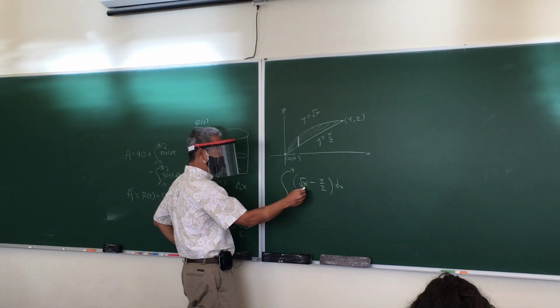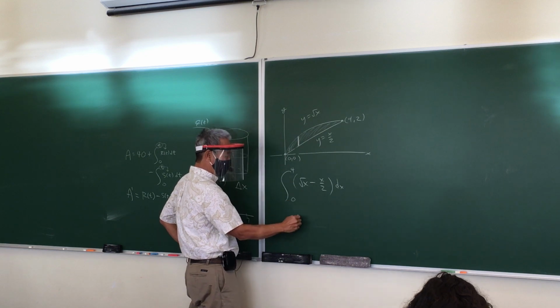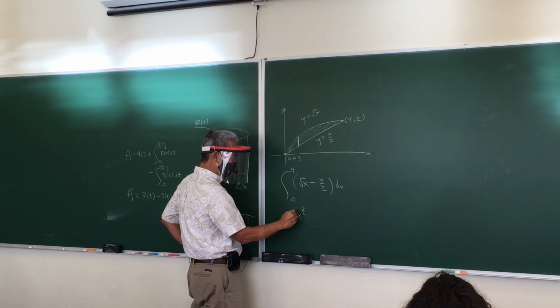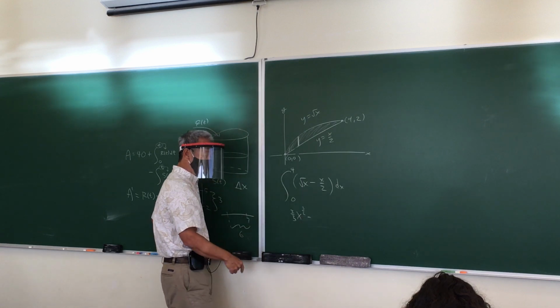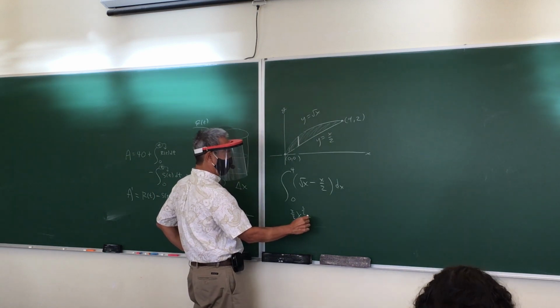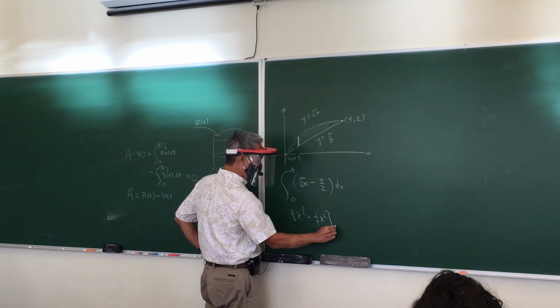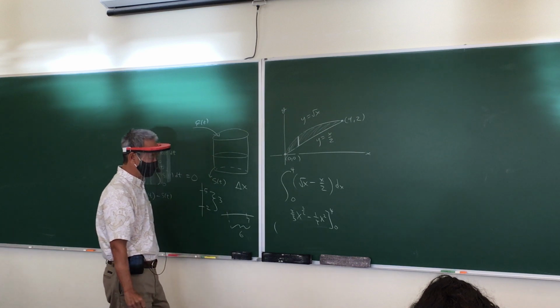What's the antiderivative of x to the 1/2? Make the power 1 bigger, put the reciprocal in the front. And what's the antiderivative of 1/2 x? Oh boy. 1/4 x squared. From 0 to 4. Plug in the top number.